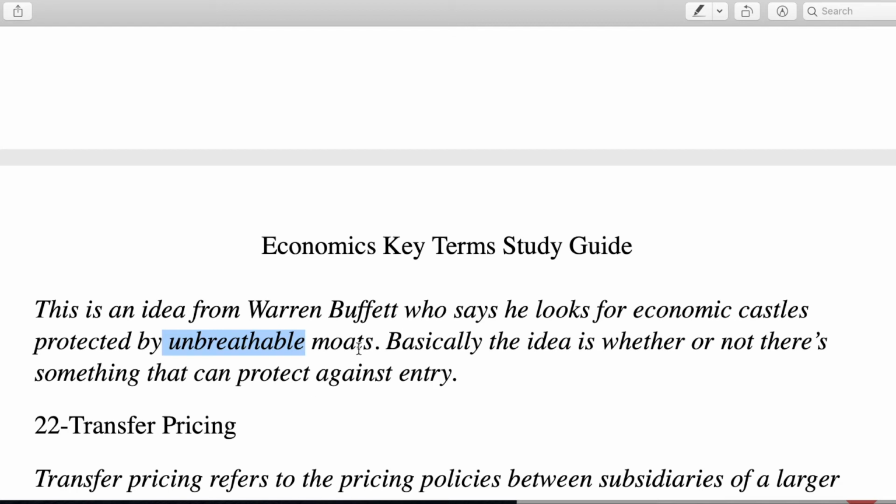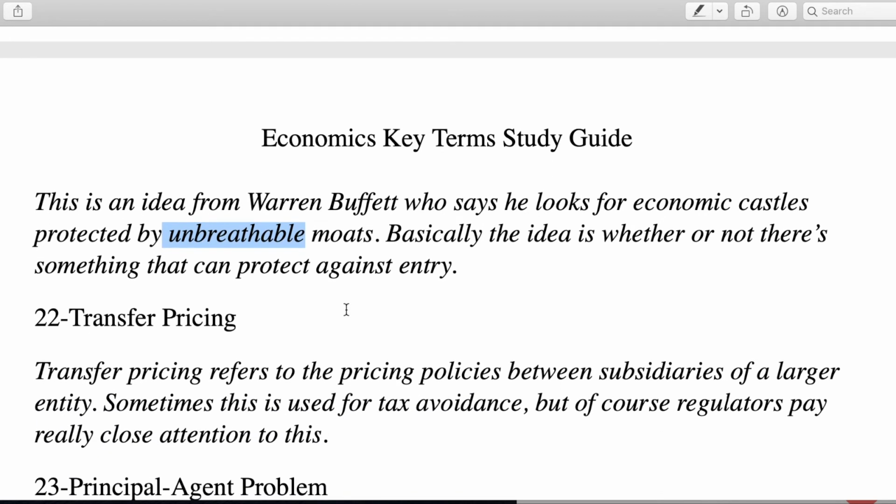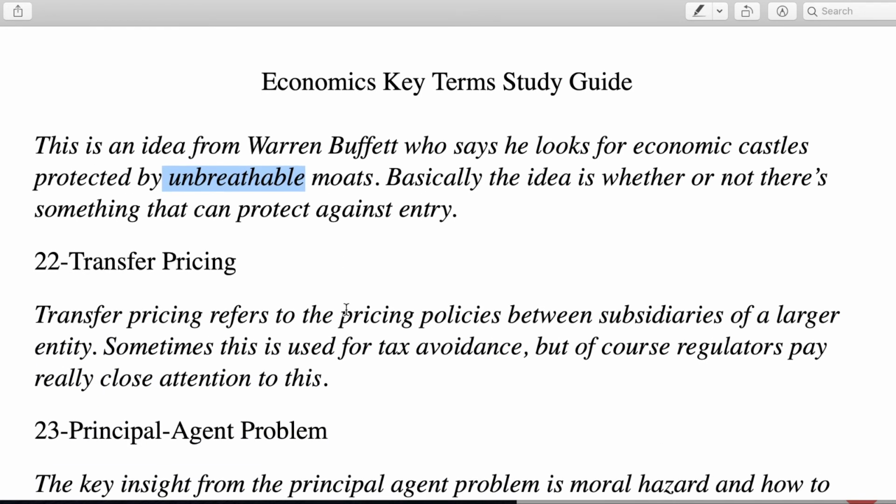So this would be a situation where maybe you have control of an important input. Think of Aluminum Company of America, Alcoa, which controlled the vast majority of, I think, the bauxite mines or something like this. So if you have some key input, or some key technological advantage that would be really difficult to duplicate.